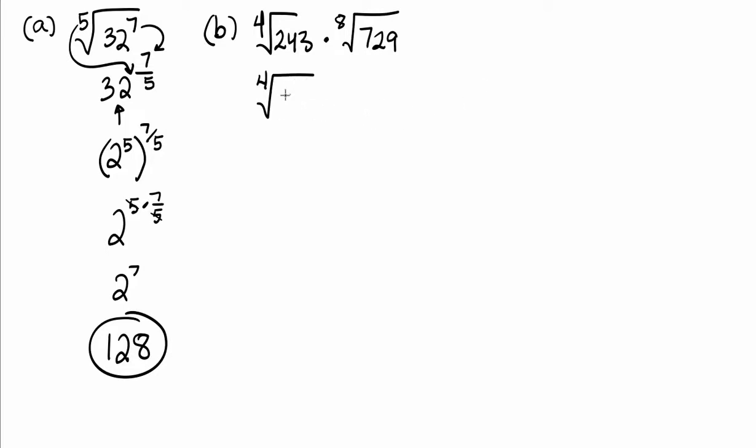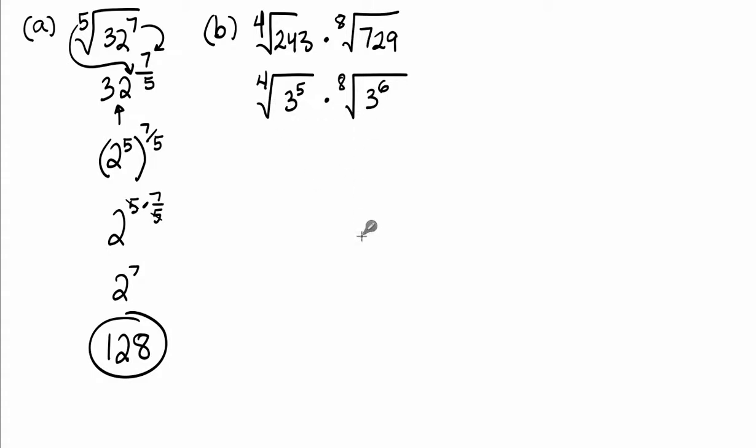And once you find it, you realize that 243 is the same thing as 3 to the 5th. And continuing your search among the powers, you'd realize that 729 is 3 to the 6th.